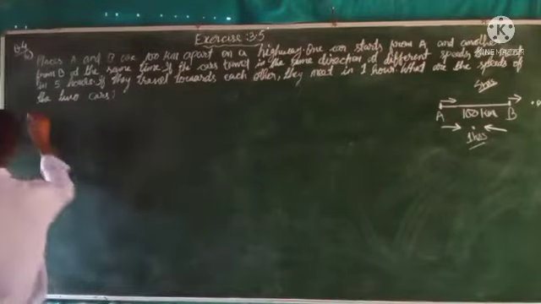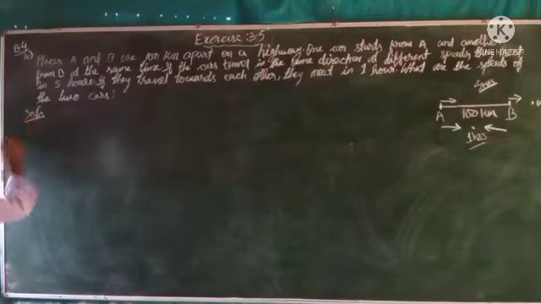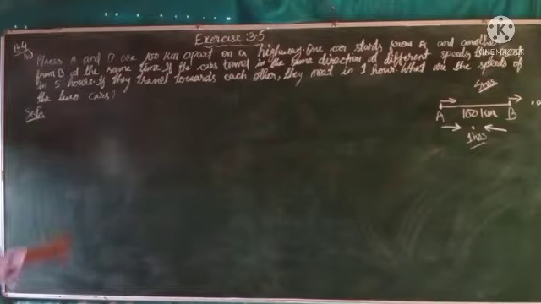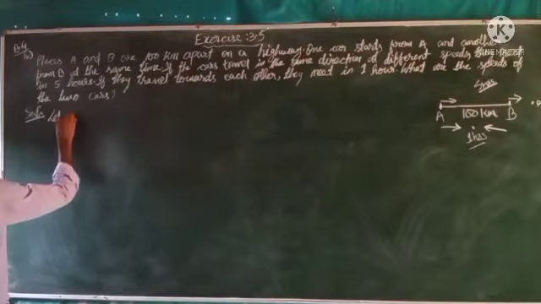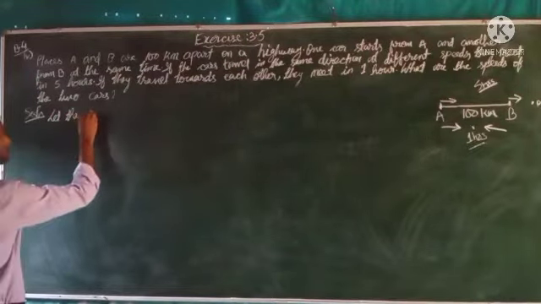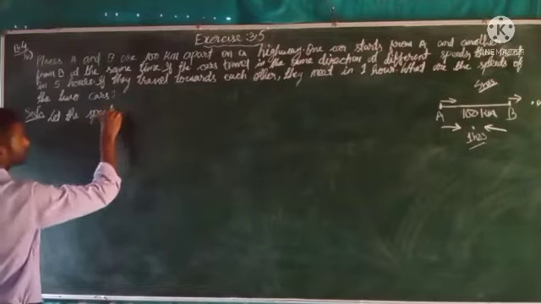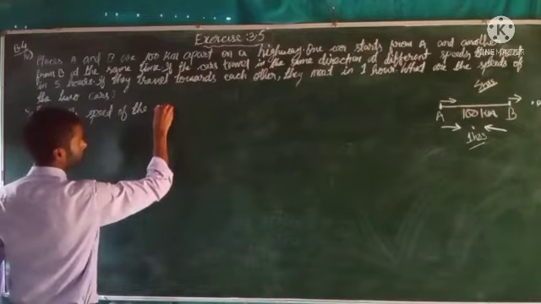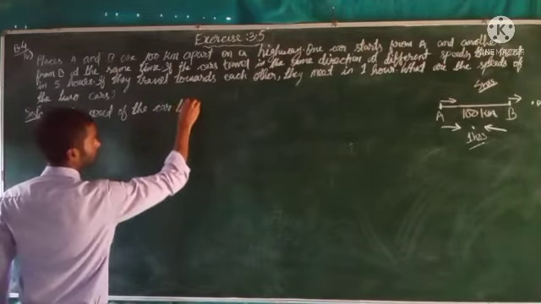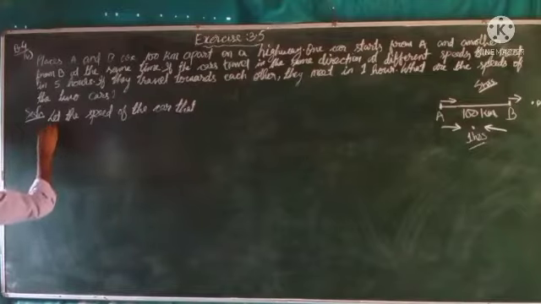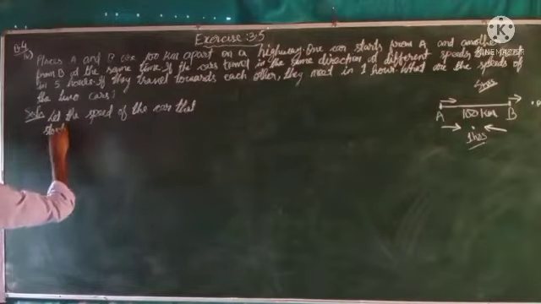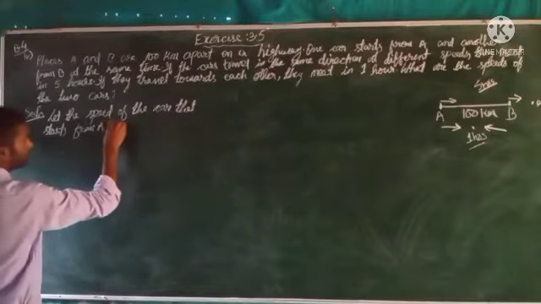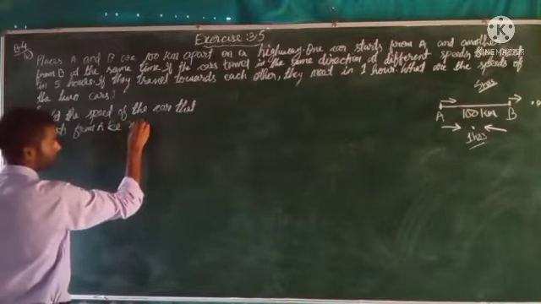So we'll take the speeds of both the cars as X and Y. Let the speed of the car that starts from A be X km per hour.